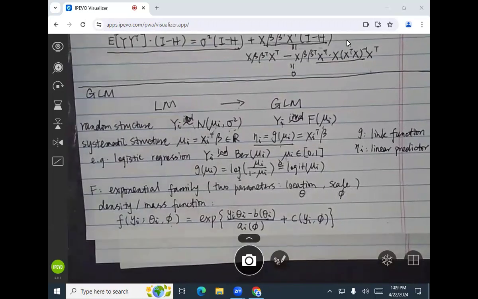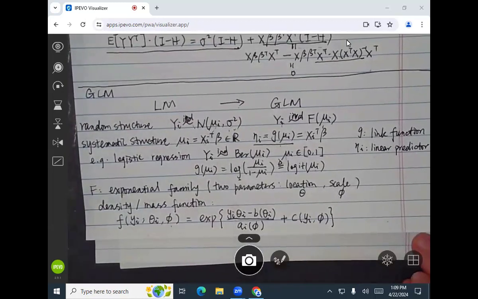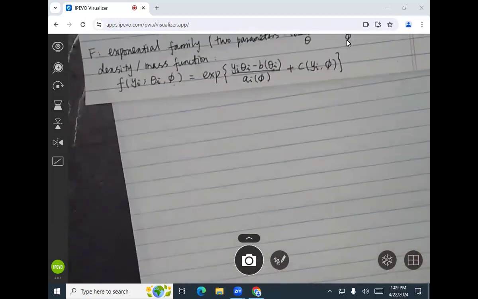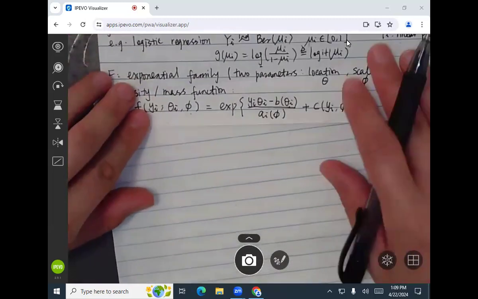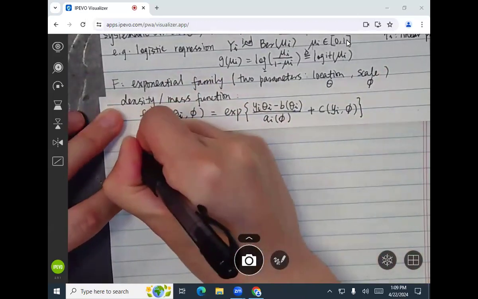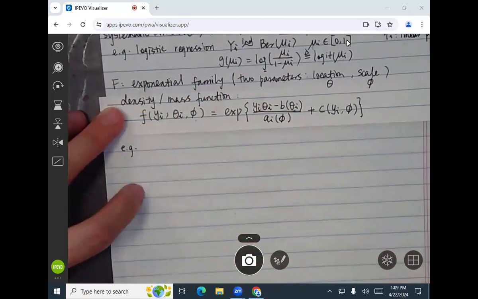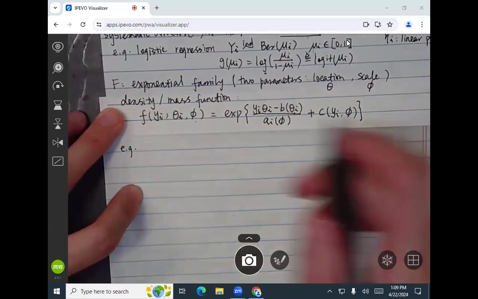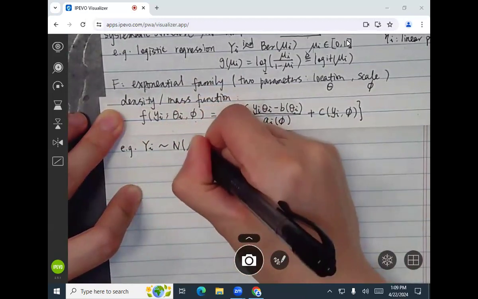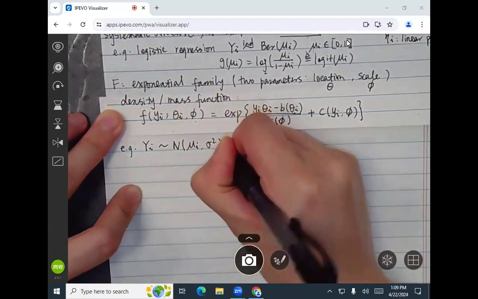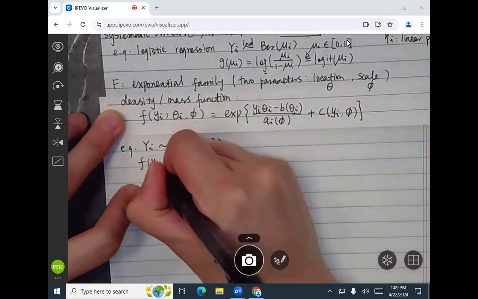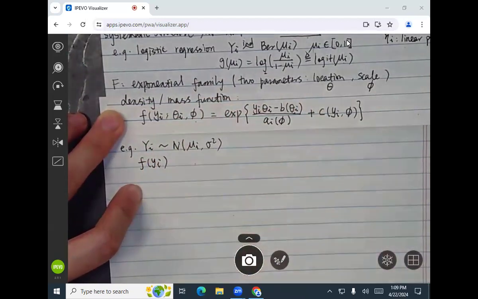Maybe I can give you one example about the Gaussian distribution to see the connection. So if we have yi as Gaussian with mean mu i and variance sigma squared, then what's the density?